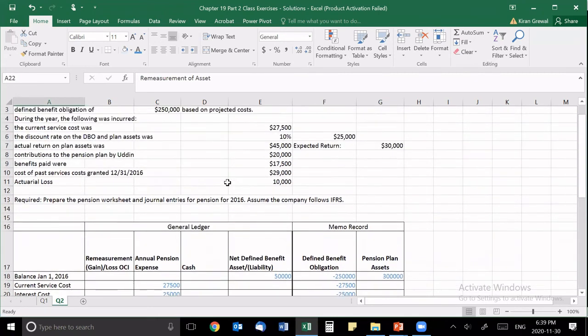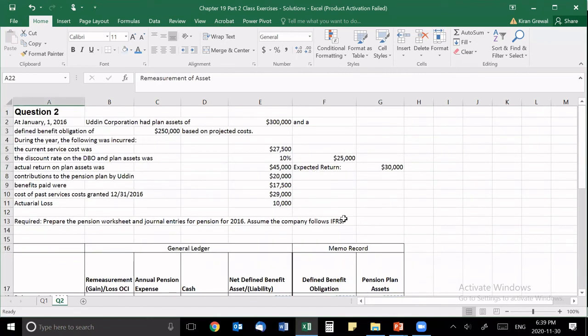So we have an expected return of 30,000. We actually got 45,000. That's a good thing, right? The difference between the 45 and the 30,000 is 15,000.